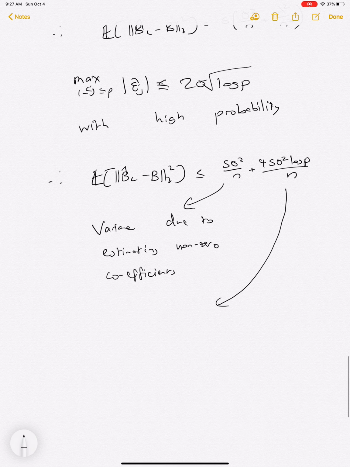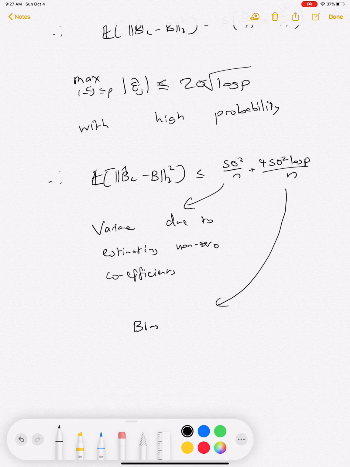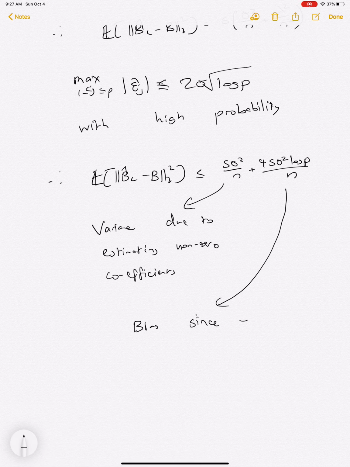And then this other term is the bias, since you don't know the non-zero coefficients.